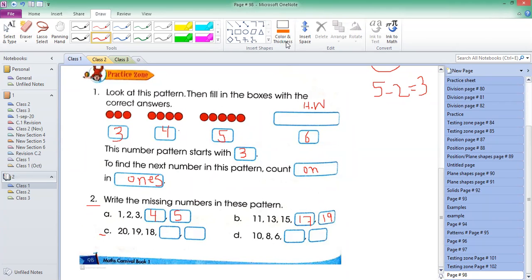This is very easy. Can you tell me, guys, after 18, what number should come? 17. Very good.